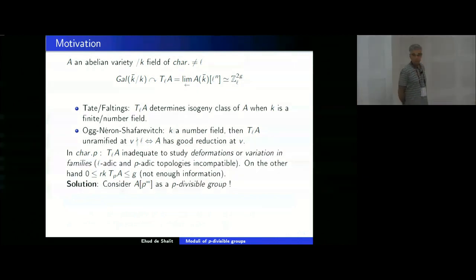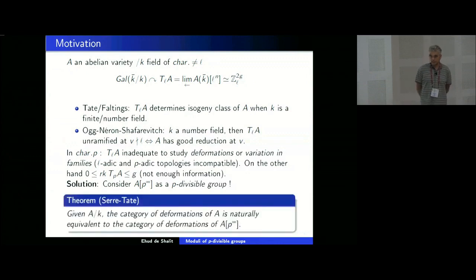It's simply too small. As you know from the case of the supersingular elliptic curve, it may be even 0. So the solution in this case is to consider the whole p-divisible group that we will define, which is a fantastic replacement for the p-adic Tate module.